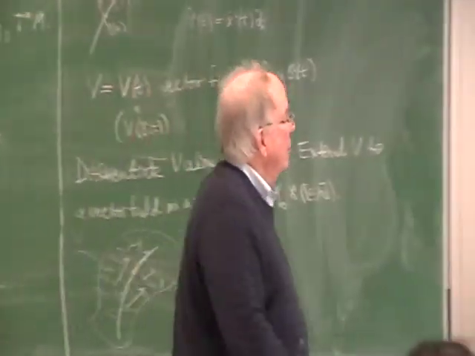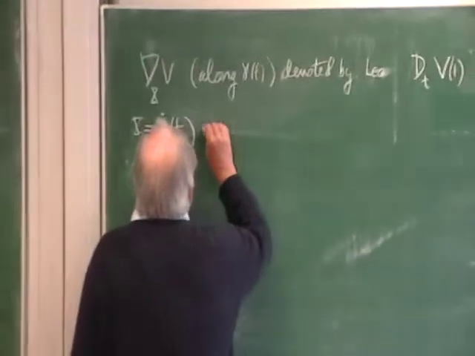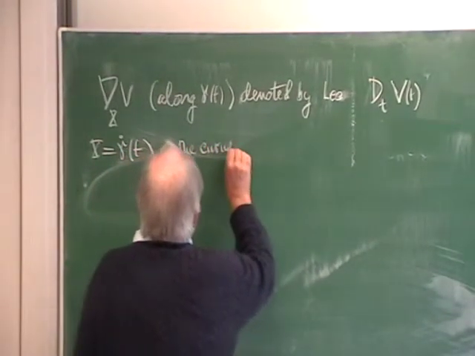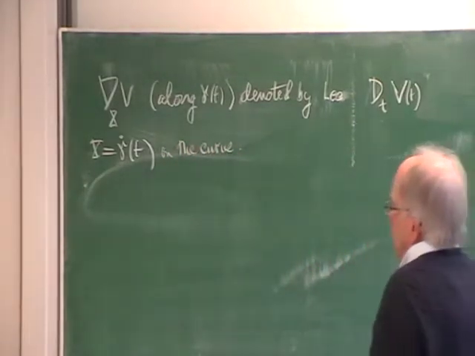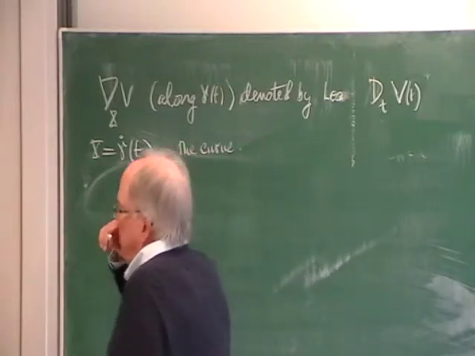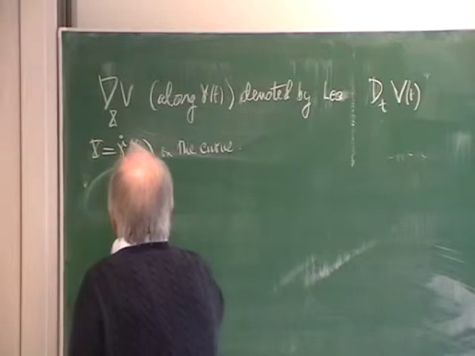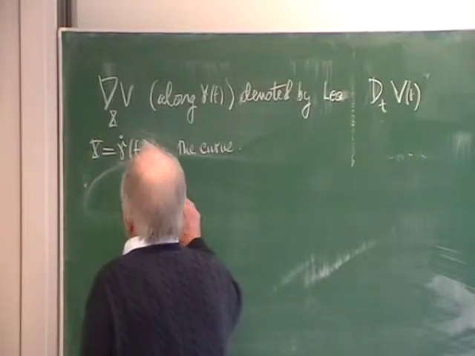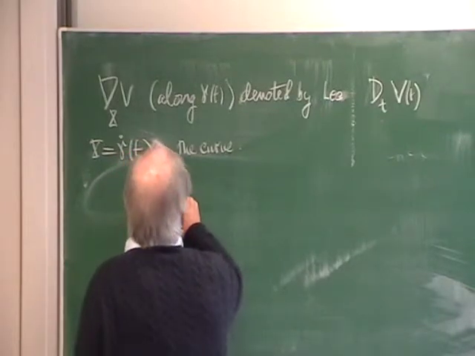So that's really just gamma point along the curve. Thank you. And let's compute it. So this says nabla of gamma point of V. What is V?